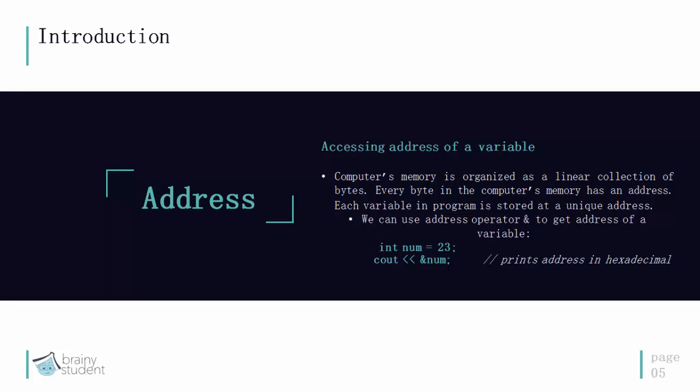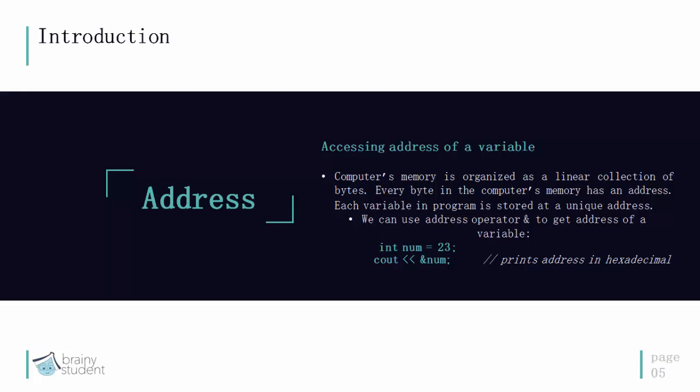Fine. Let's take an example. I'm initializing a variable. So I'm writing the type, variable name, and I'm using the assignment operator and assigning some value. Fine. The type is integer, as you can see, int. My variable name is num.